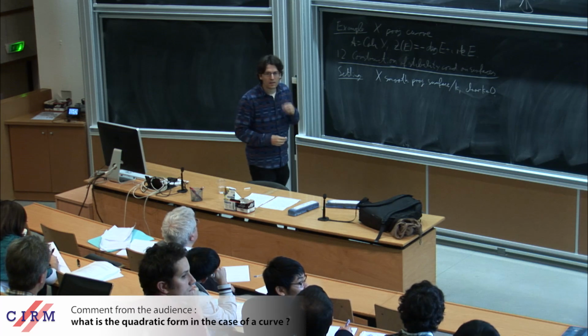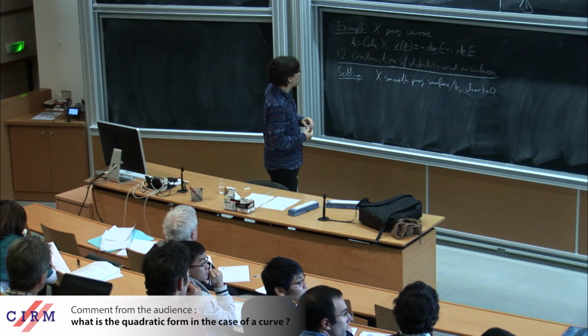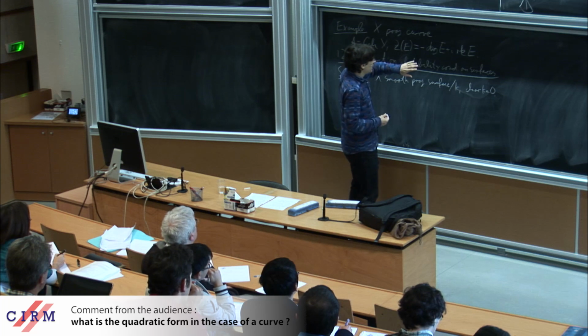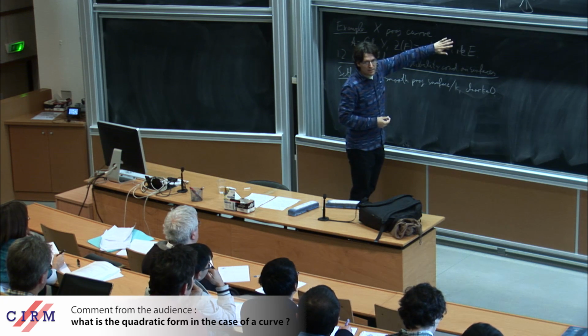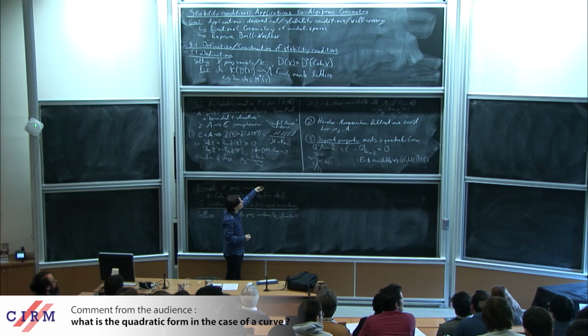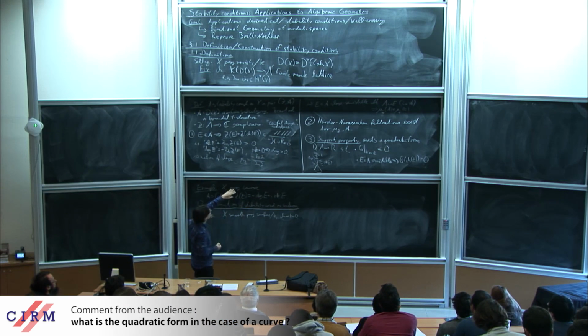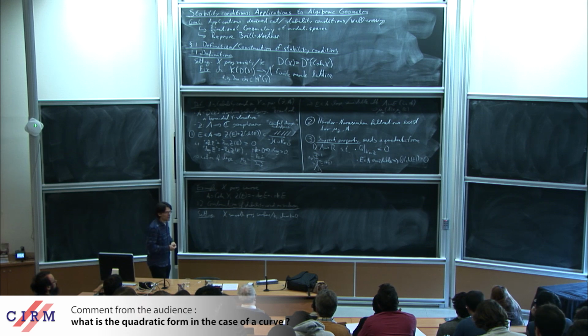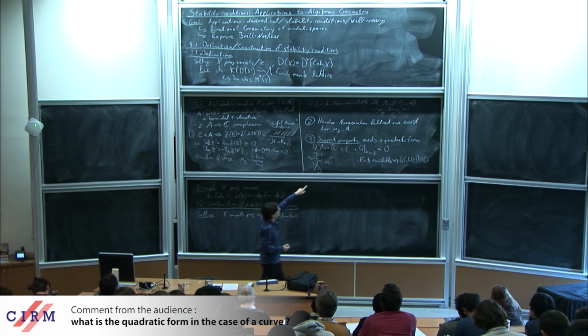Okay. In the curve case, what is the quadratic form? So you can take any positive definite form, right? Because the kernel is 0. Right, so the first condition is vacuous.